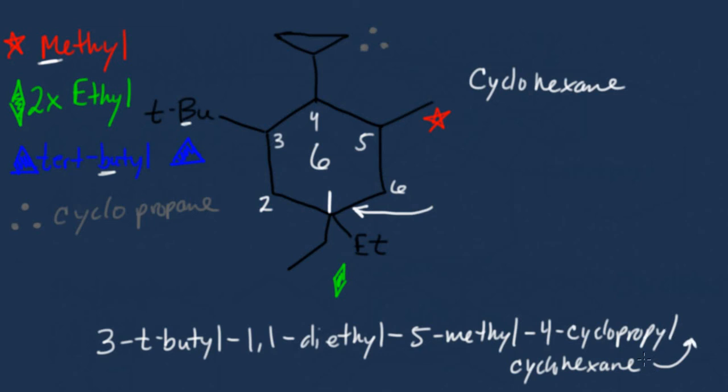And so reading it all out loud, we have 3-tert-butyl-1,1-diethyl-5-methyl-4-cyclopropyl cyclohexane. And that's our correct answer.